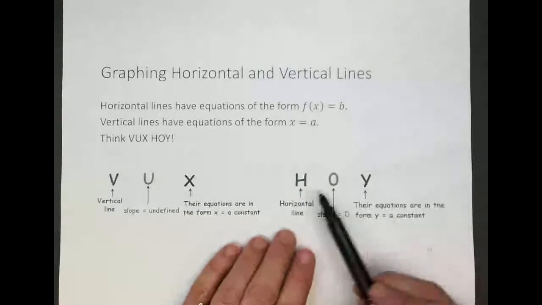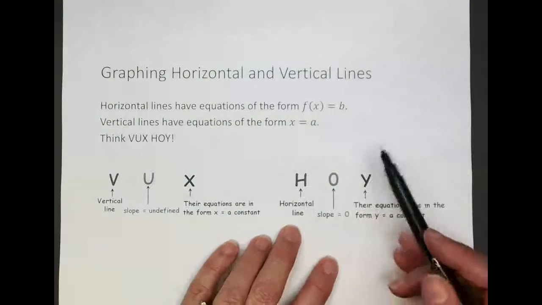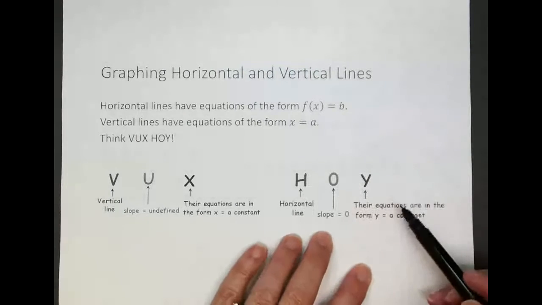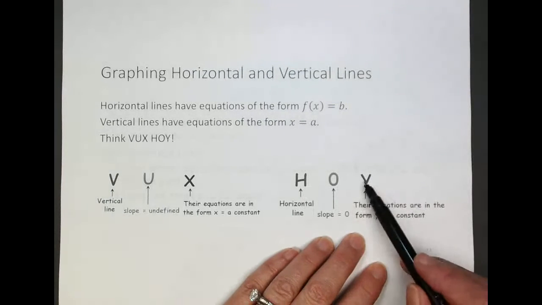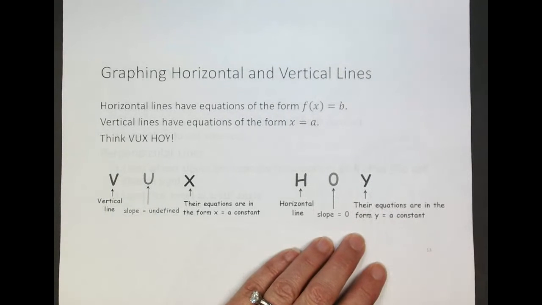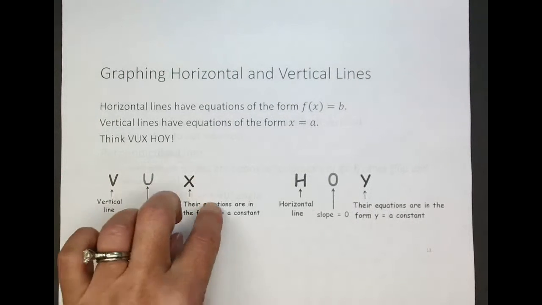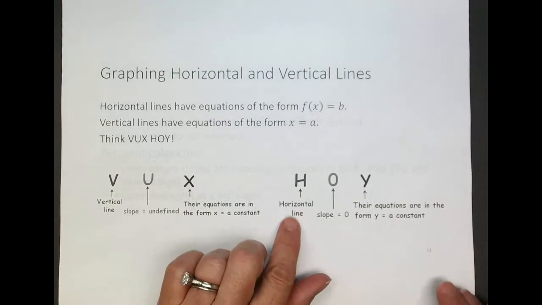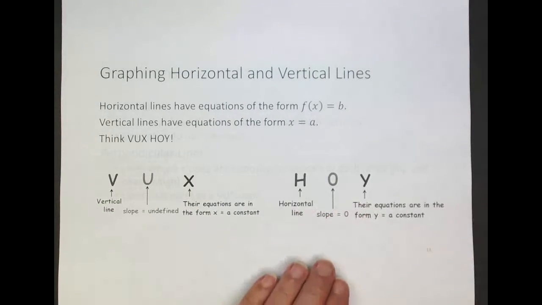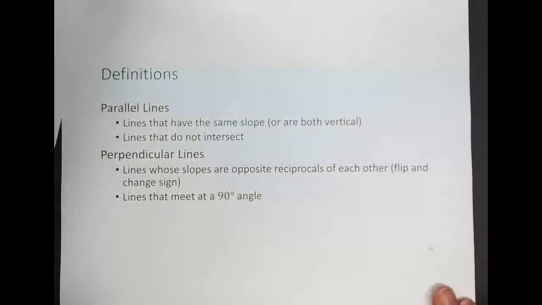And horizontal lines, there's your H, have a slope of 0, there's your O, and their equations are in the form y equals some constant. Right? So VUX: vertical, undefined slope, x equal a constant. HOI: horizontal line, 0 slope, y equal a constant.